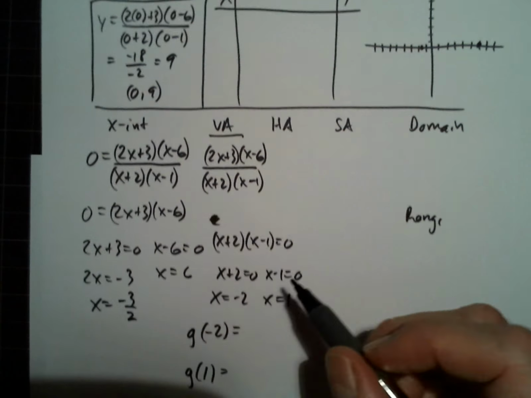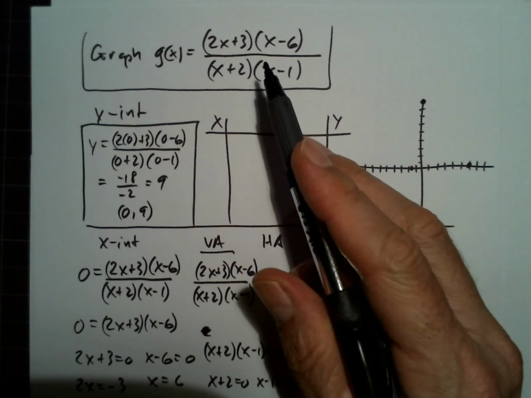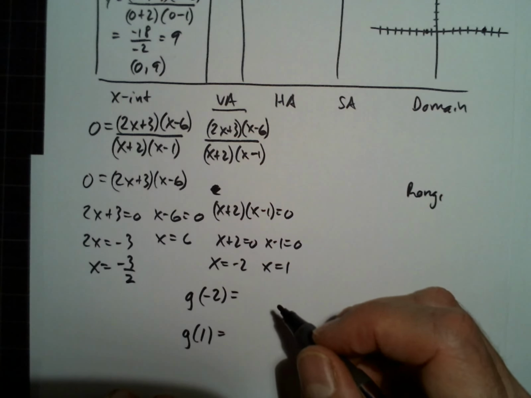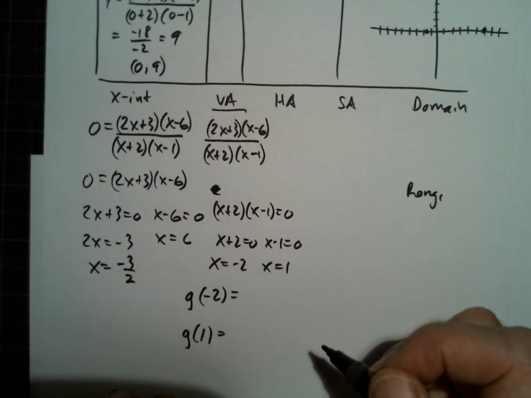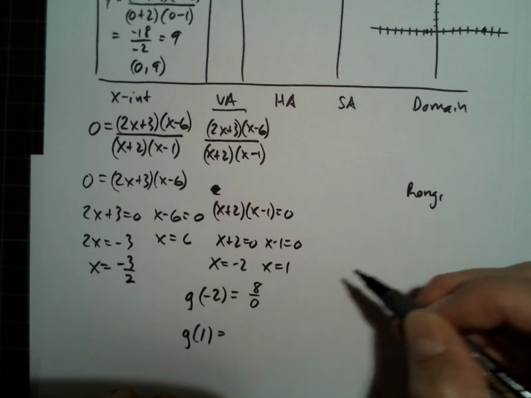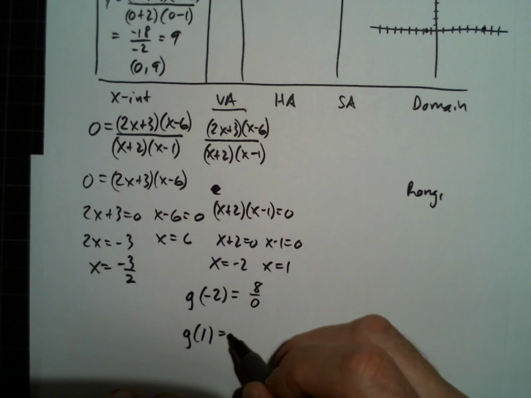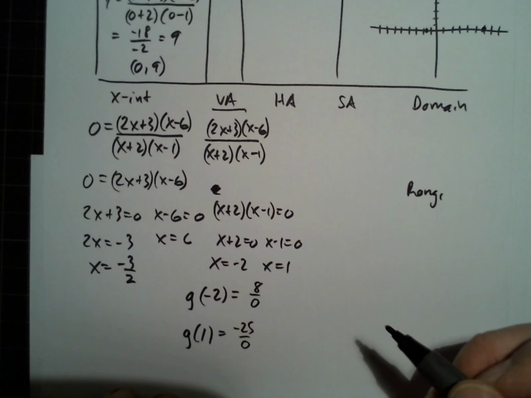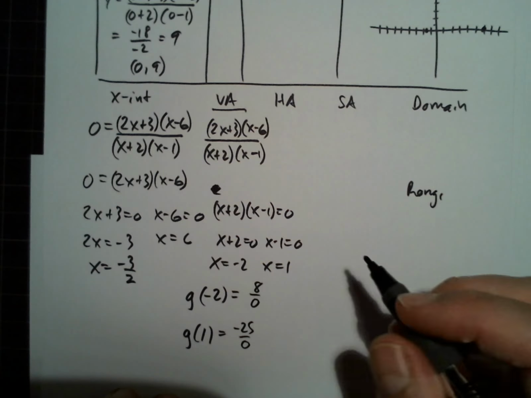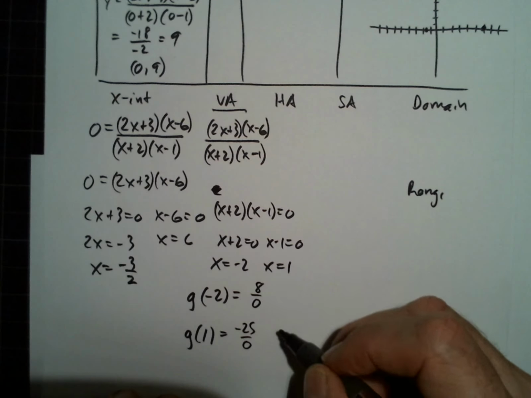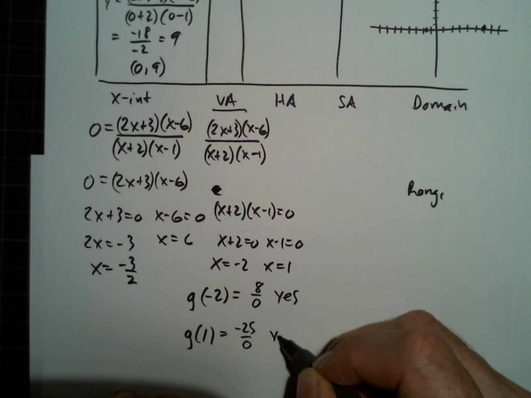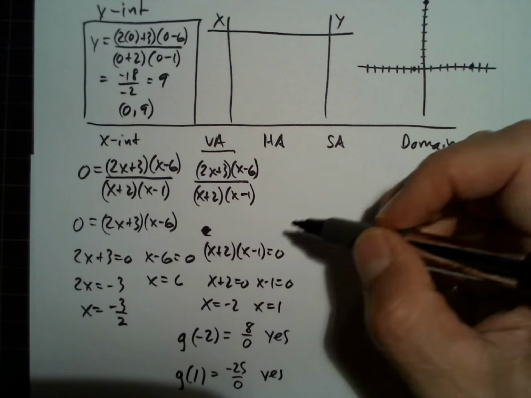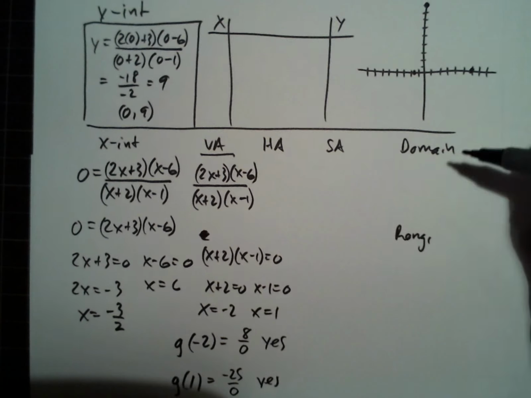We're going to put a -2 into this, and we're going to get 8 over 0. And so that means they're both yes for vertical asymptote. So now we have vertical asymptotes at -2 and 1.